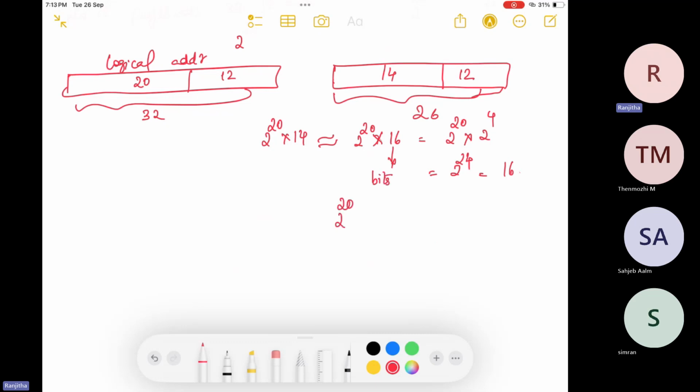So it will be 2 power 20 into how many bytes? 2 bytes, which is 2 power 21, which is 2 MB. So we have to be a little careful while doing that.